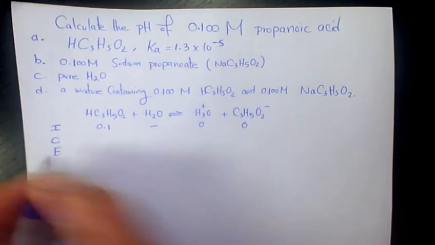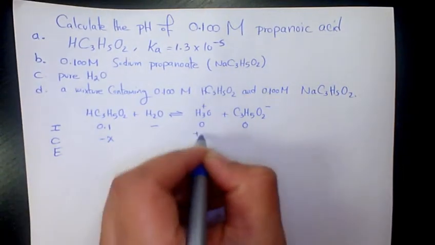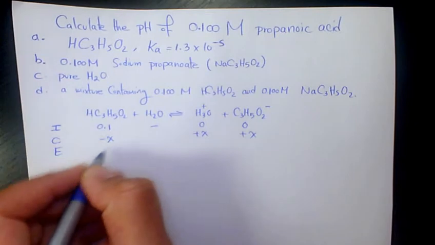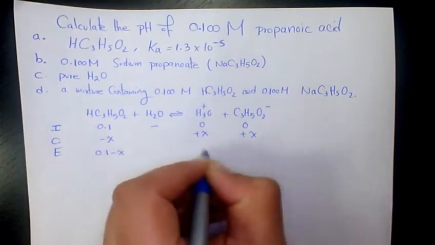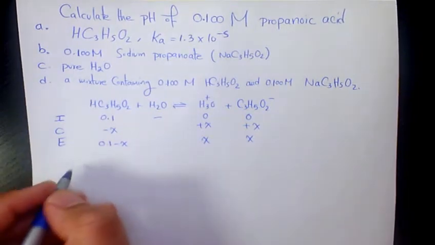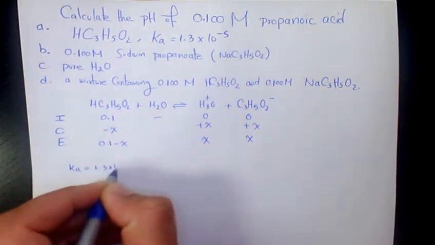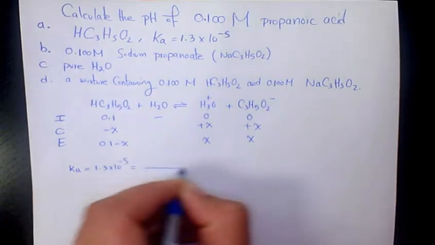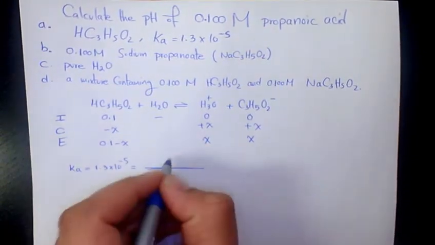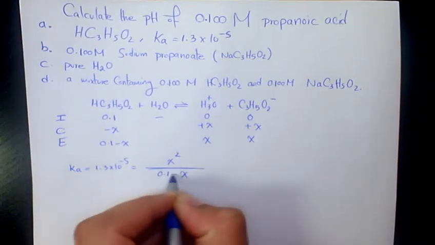If we want to write the change and equilibrium, we have negative x, plus x, plus x. So it's going to be 0.1 minus x, x and x. Then I can say Ka, which is 1.3 times 10 to the power of negative 5, equals x times x, x squared, divided by 0.1 minus x.